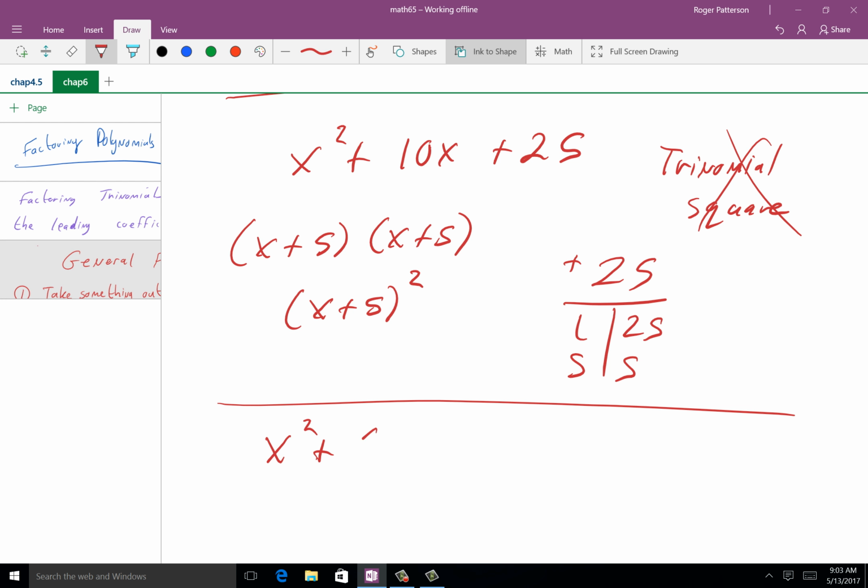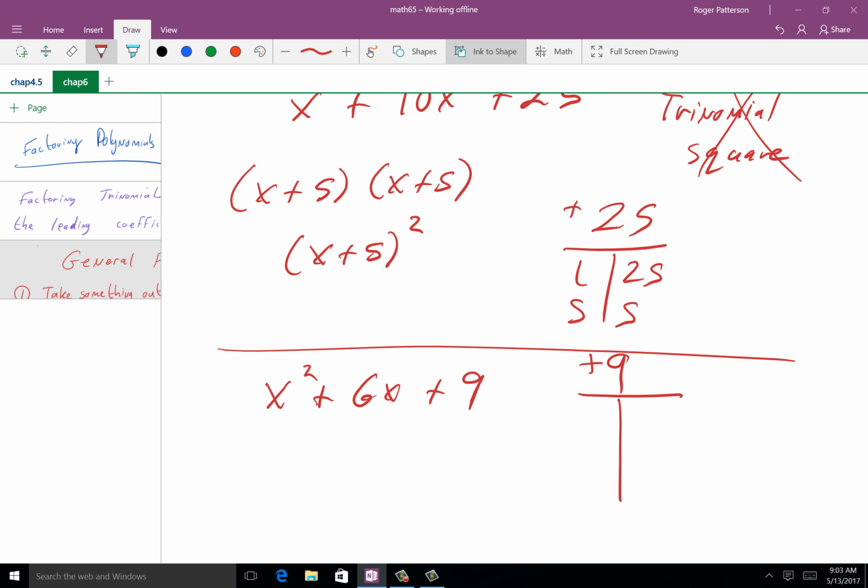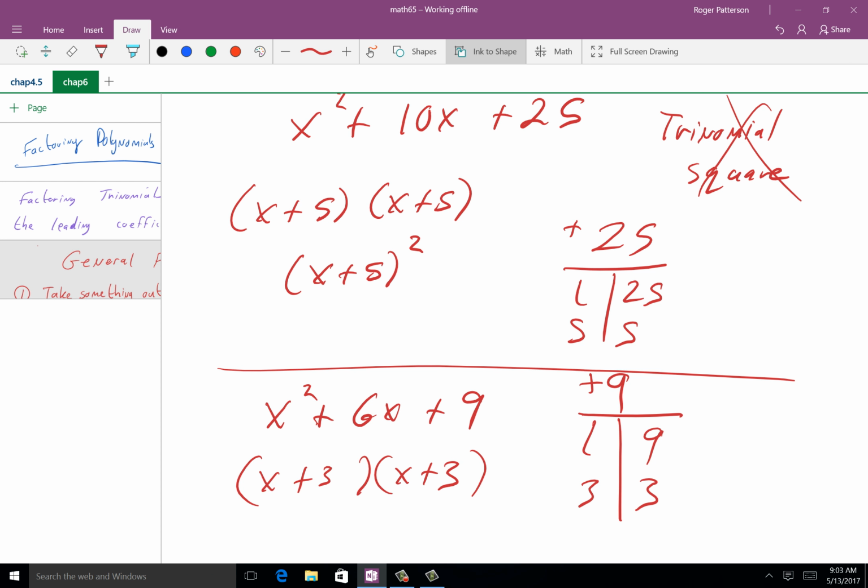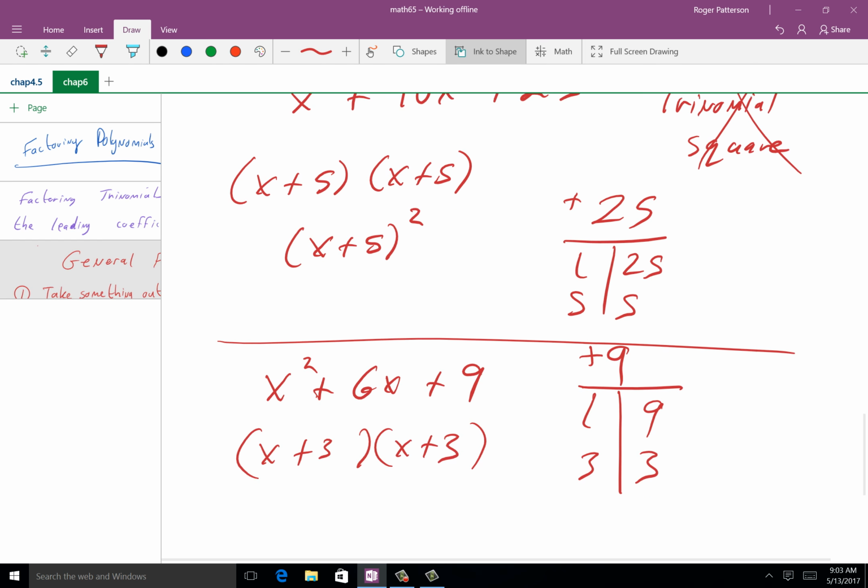Let's try another one of these. What's our answer going to be? 3, 3. Mm-hmm. And then we'll do one more and we can talk about the pattern here.